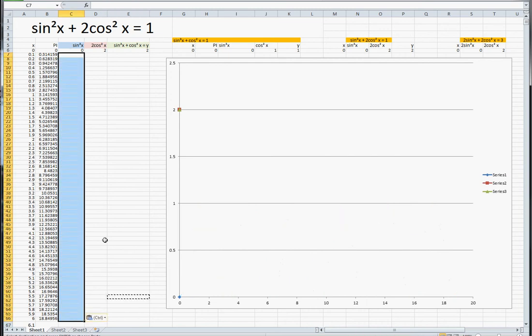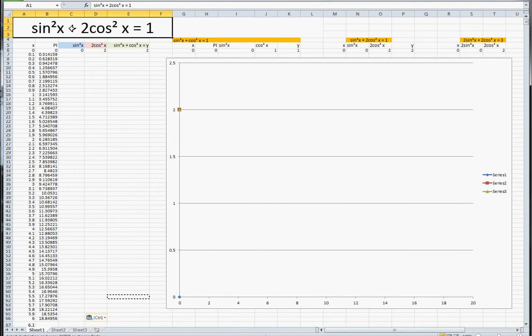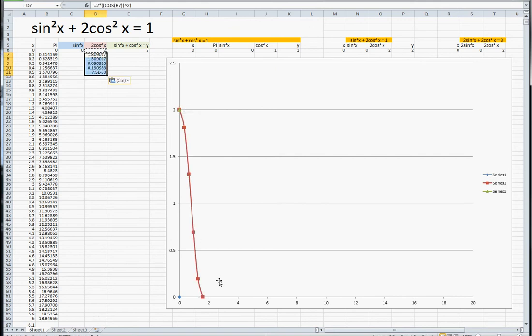Now let's look at the next one. Go through the plus sign and come to 2 cosine x squared. So we know the first point is 2, and so it drops to here.